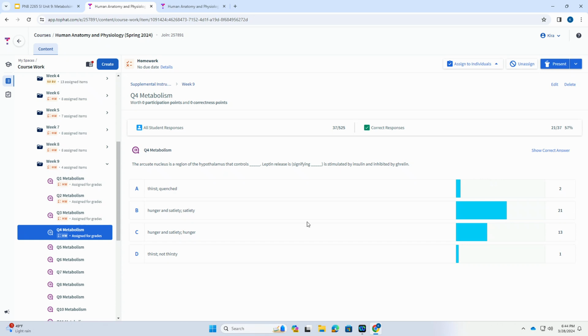So this one is from last week, which is why it has some responses. I just hadn't gone over it yet, so I moved it down. The arcuate nucleus is a region of the hypothalamus that controls what? Leptin release, signifying what is stimulated by insulin, inhibited by ghrelin.